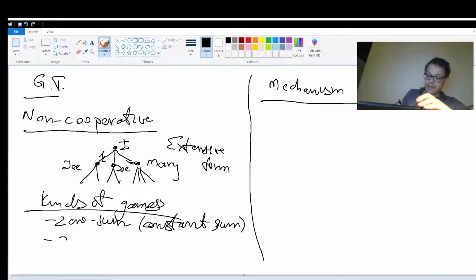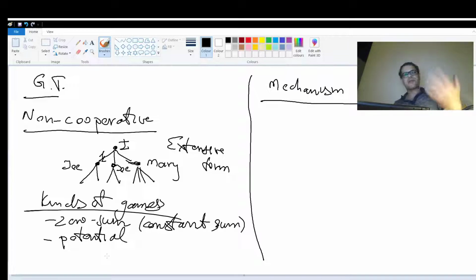Another interesting kind of games is potential games. We're going, I think, to have time to talk about this. Now I'm just going to tell you the intuition. The idea of a potential game is kind of the opposite of zero-sum. You have something called potential, which represents your common inspiration. So you don't have to be opposed to one another.